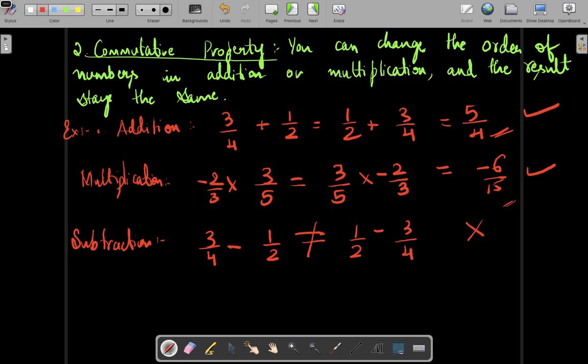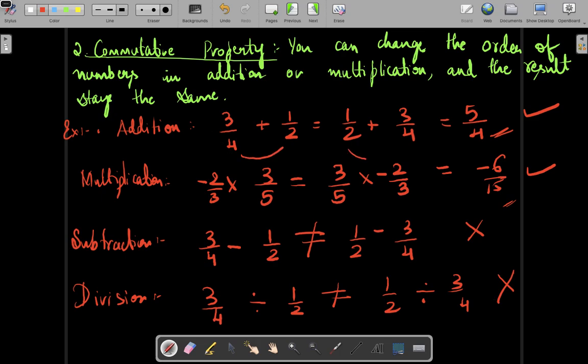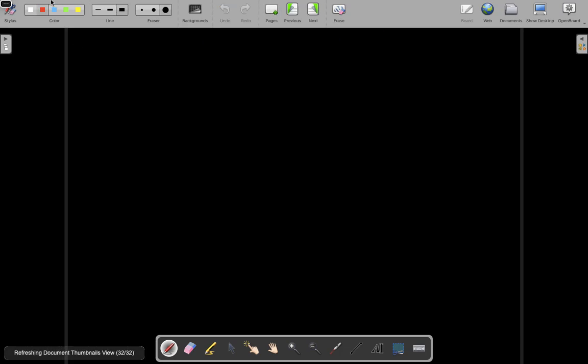So it is not valid for subtraction. And what about for division? Again, 3 over 4 divided by 1 over 2 is not equal to 1 over 2 divided by 3 over 4. This is also not valid. So commutative means you got right, you commute or move around. Now, let's move to the third property, which is associative property.